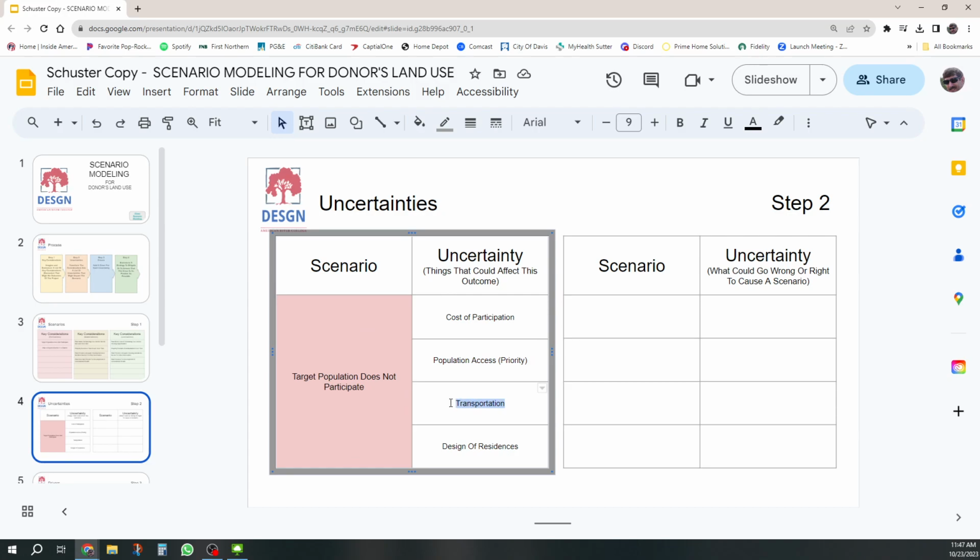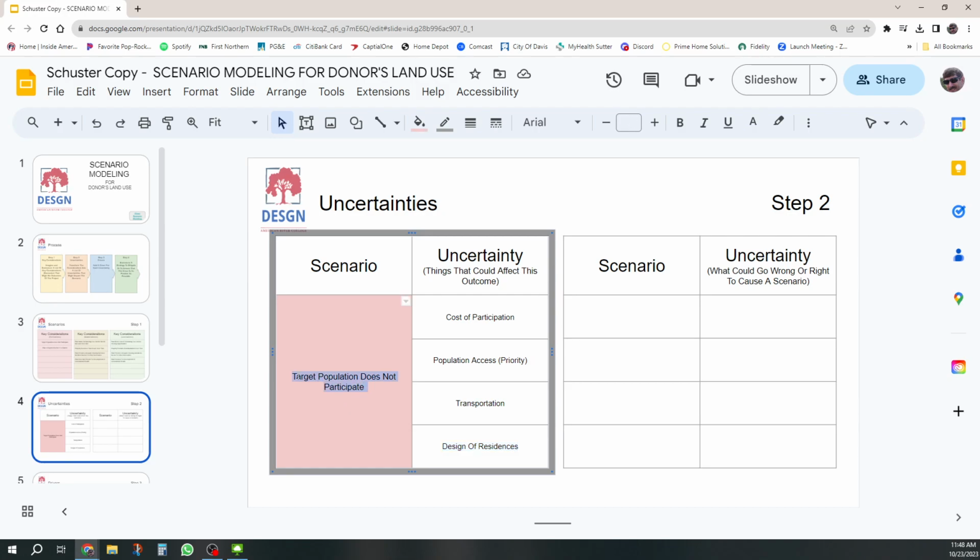Transportation would be another. They don't show up because they can't get there. That would be another one. And just plain the design of the residences. If I've made these all like those bunk bed places in San Francisco, that's built for one certain small chunk of the populace, and we're trying to maybe get low-income families in, and you've got a community access type design that might keep a target population away.